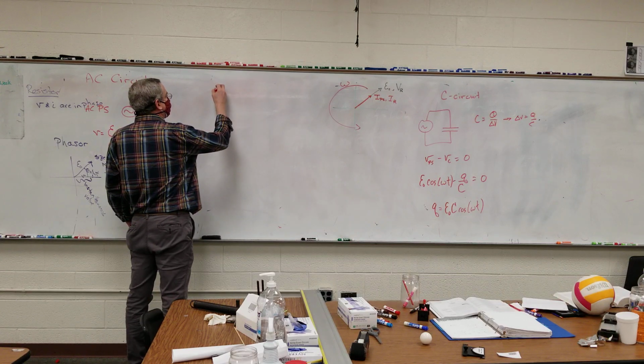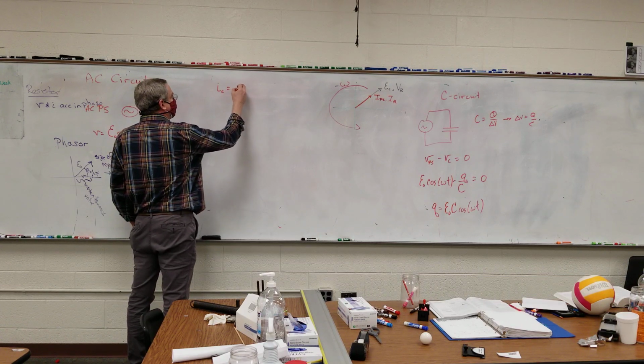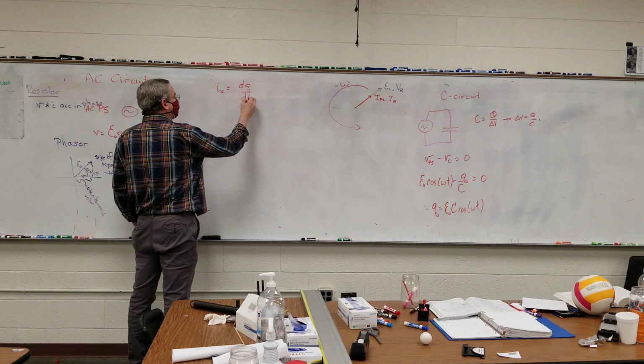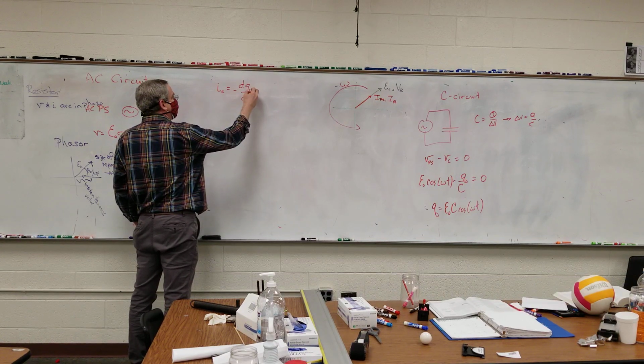And so I know that the current flowing onto the capacitor is equal to dq dt, and there is a negative there.